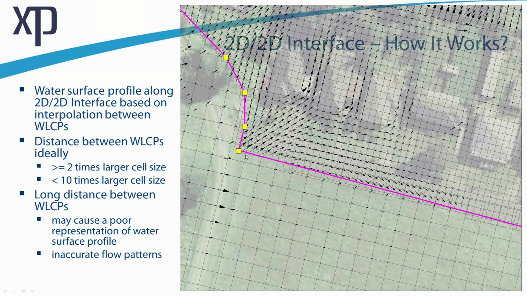But if we start to have a big distance between our water level control points, like on the bottom interface here, there's a yellow square on the left, and the next yellow square is actually off the screen. Therefore the water level being interpolated along that bottom line is a linear interpolation over a long distance, and that may not be representative of what's actually happening in reality.